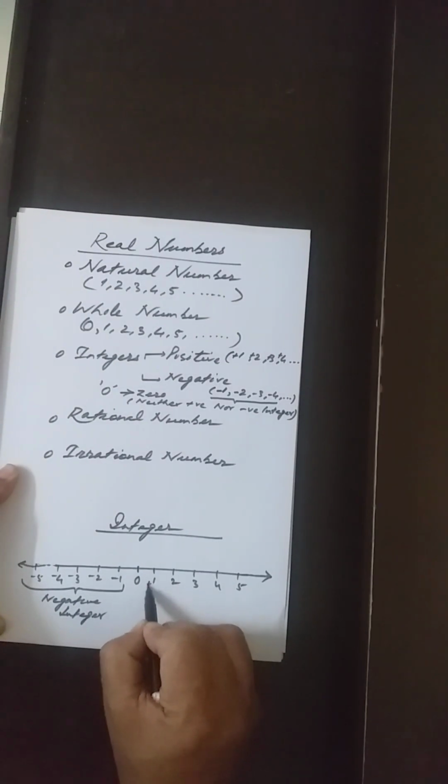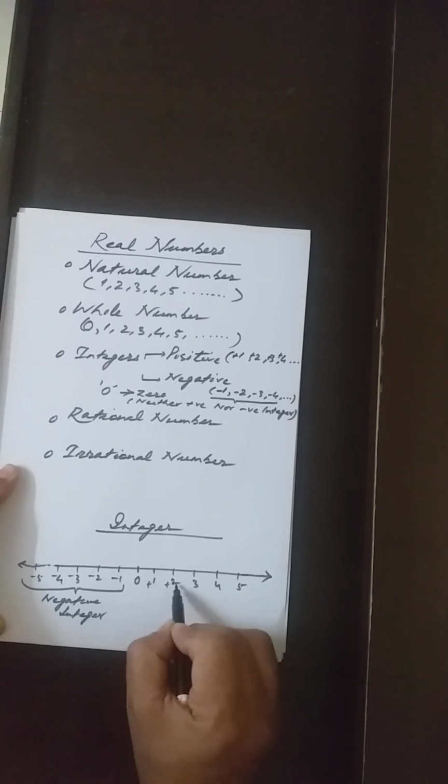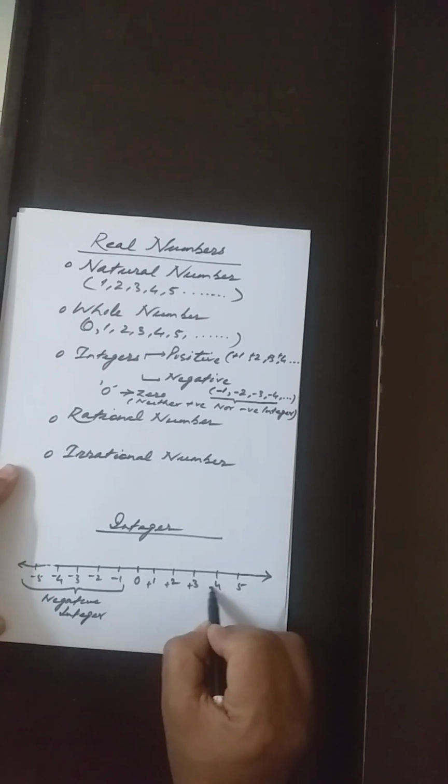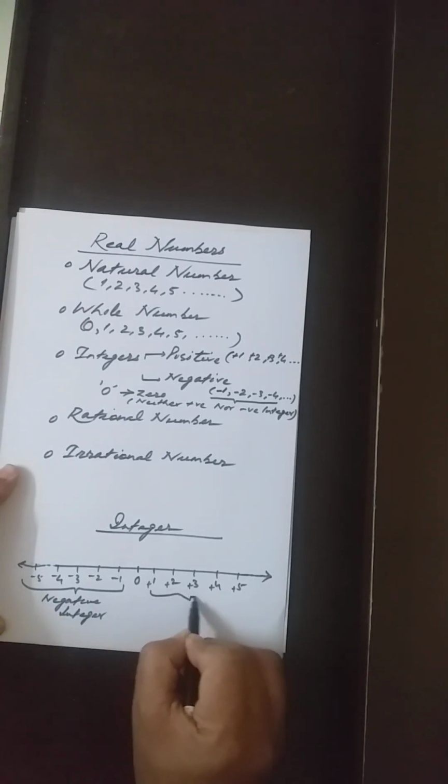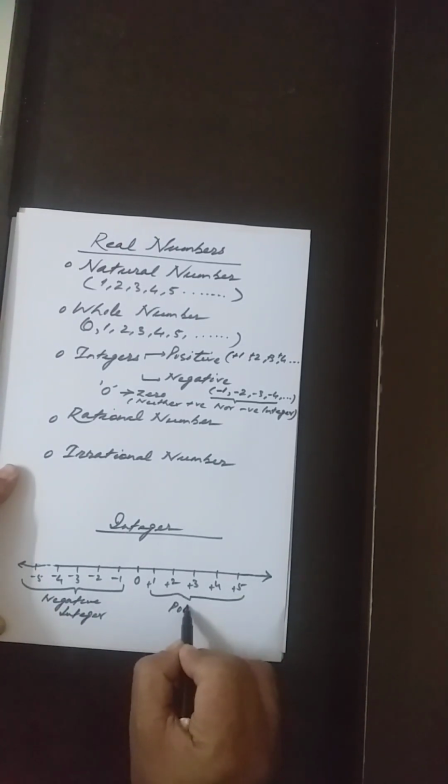All these numbers on the right side of 0 which have a plus sign, which is generally not written with the prefix plus, all these are positive integers.